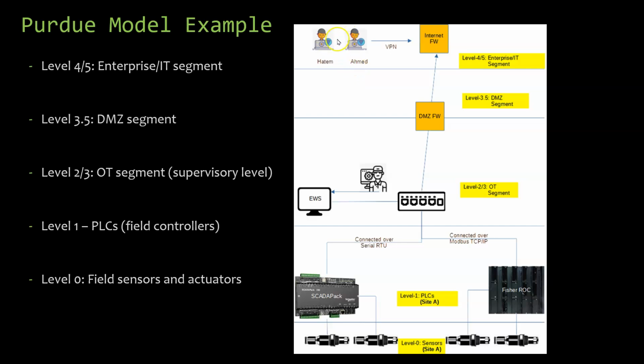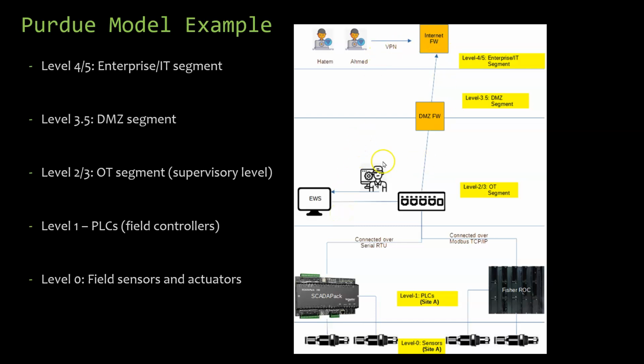So any attacker coming from the internet can actually install some Trojan or some malware on the engineering workstation, and then this can compromise the whole ICS network.